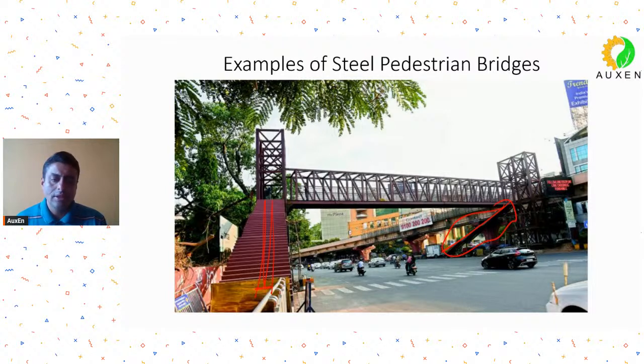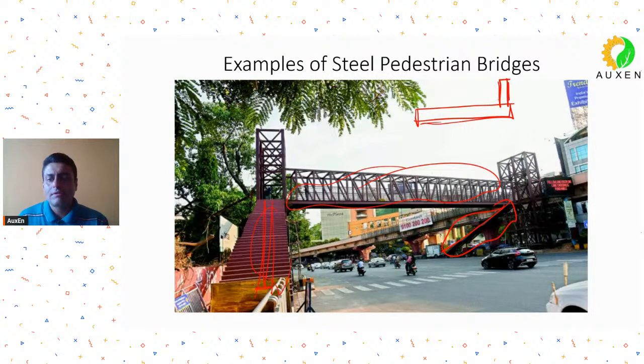This staircase helps the bridge to give overall lateral stability. You'll always find, if I show you the plan of my bridge, one staircase will be in this direction, and the other staircase in this direction. So these staircases give the lateral stability to the bridge.